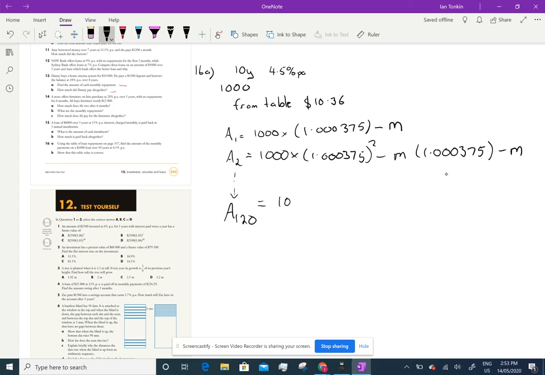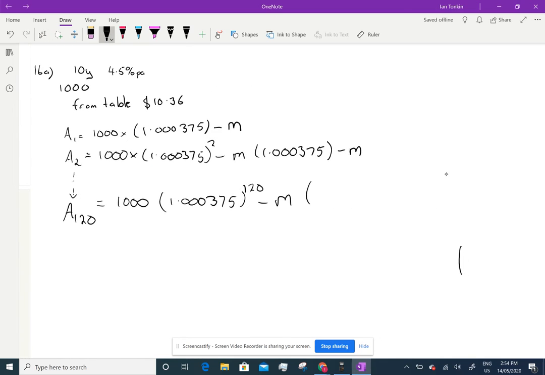We're going to have 1,000 times 1.000375 to the 120 minus M, 1.000375 to the 119, minus M.